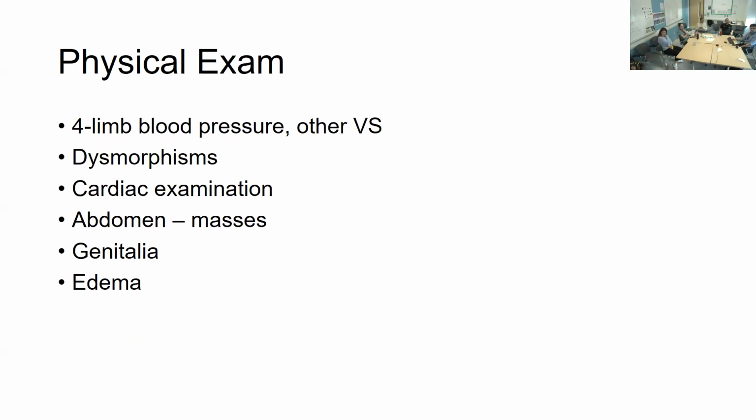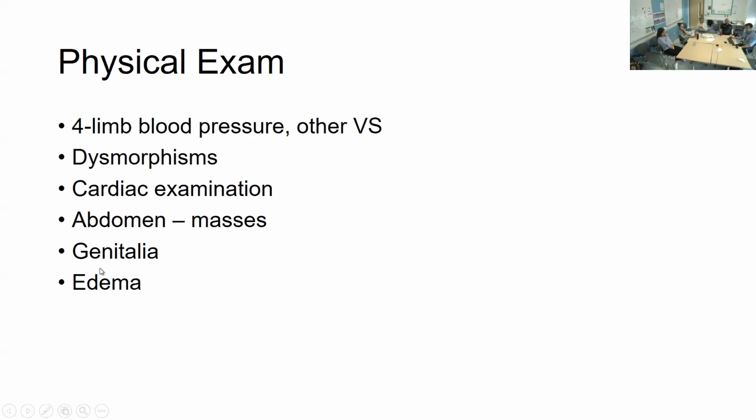Again, in your initial admission exam, you do a lot of this already. So forelimb blood pressure can already tip you off about whether there's coarctation or mid-aortic syndrome, for example. Your cardiac exam for any murmurs. Whether they've got a big mass, hydronephrosis, or a congenital Wilms tumor.